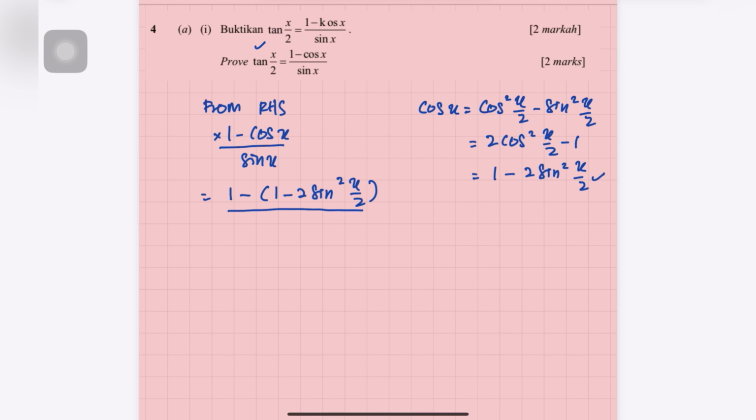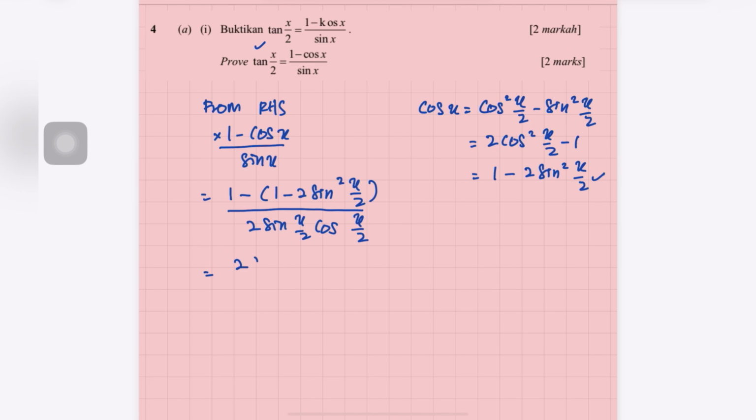Okay. So half angle for sin x is 2 sin x over 2 cos x over 2. Okay, the one on this side we can eliminate. 1 minus 1 is 0. So negative negative gives positive. So equals 2 sin squared x over 2 over 2 sin x over 2 cos x over 2.